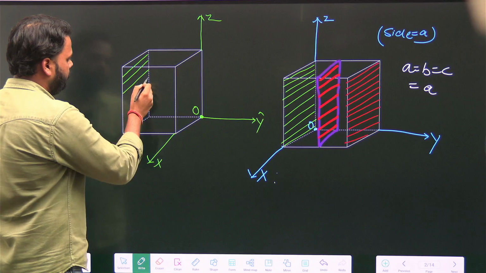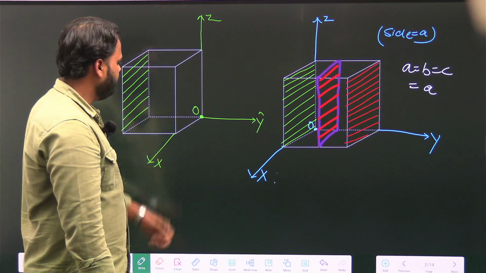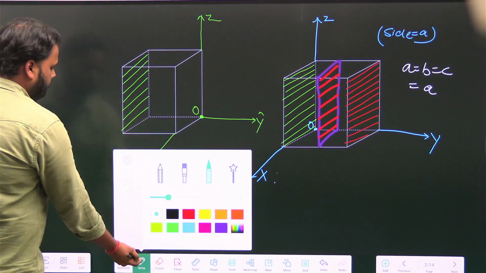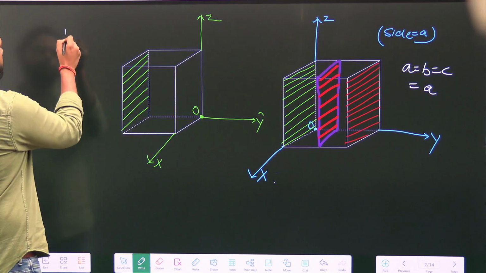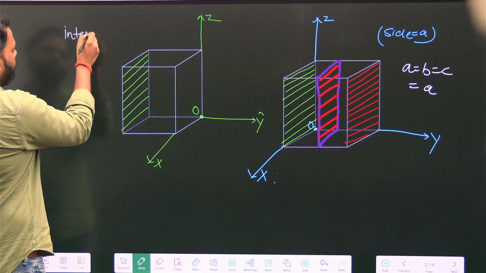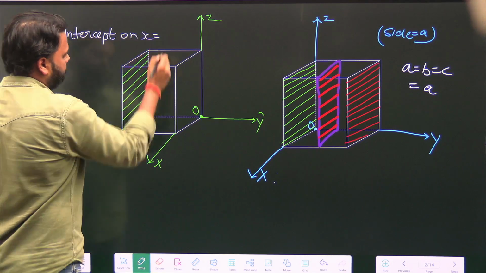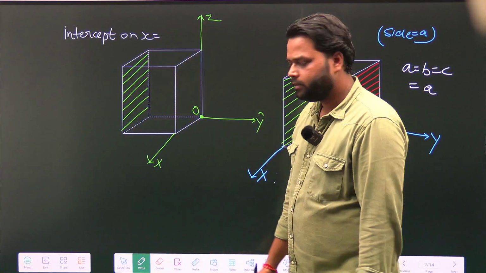अब बताओ. Now it is easy for you guys, na? Now tell me, what will be the Miller indices? First of all, find the intercept. What will be the intercept on the x-axis? Intercept on x कितना होगा? Infinity, obviously infinity.